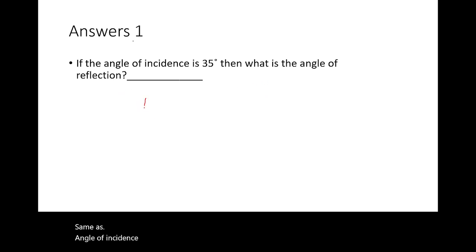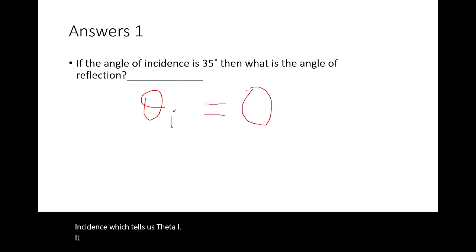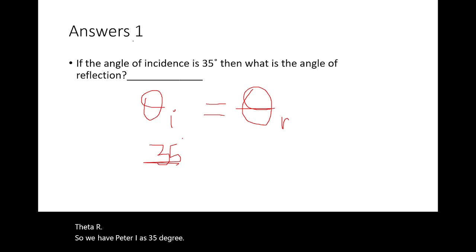The law of reflection tells us theta I equals theta R. So we have theta I as 35 degrees from the question.